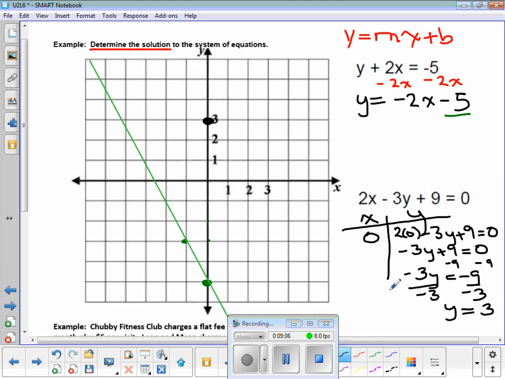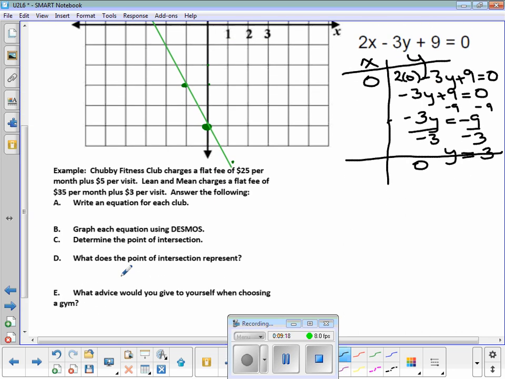Now I'm going to do the same thing. I'm going to choose another number. Do you know what might be easier would be if I choose 0 for y, and there's nothing wrong with that. So if I do that, and I'm going to just move this up a bit. So that would be 2x. This part of the equation would equal 0. So then I have plus 9 equals 0.